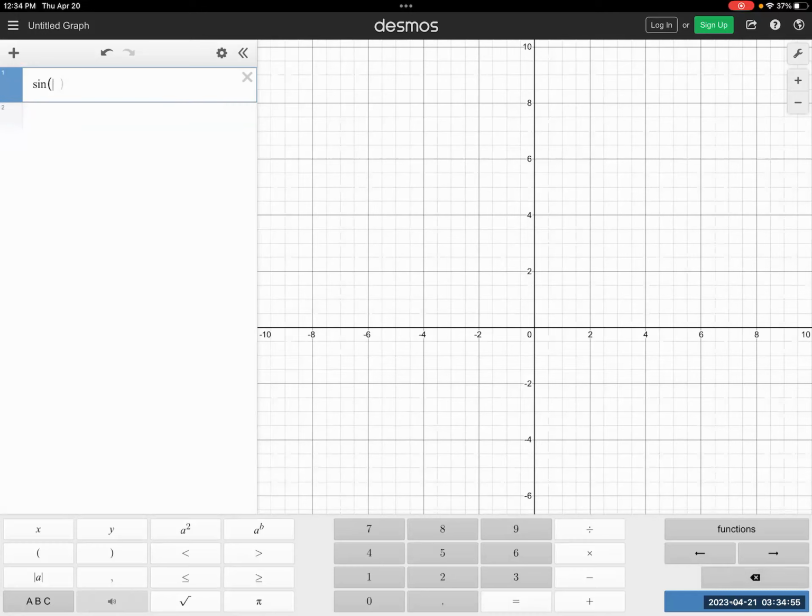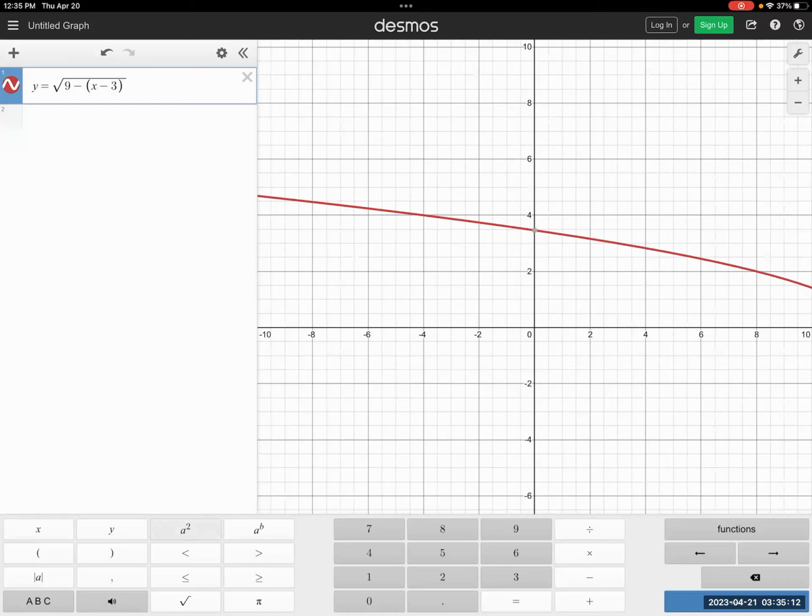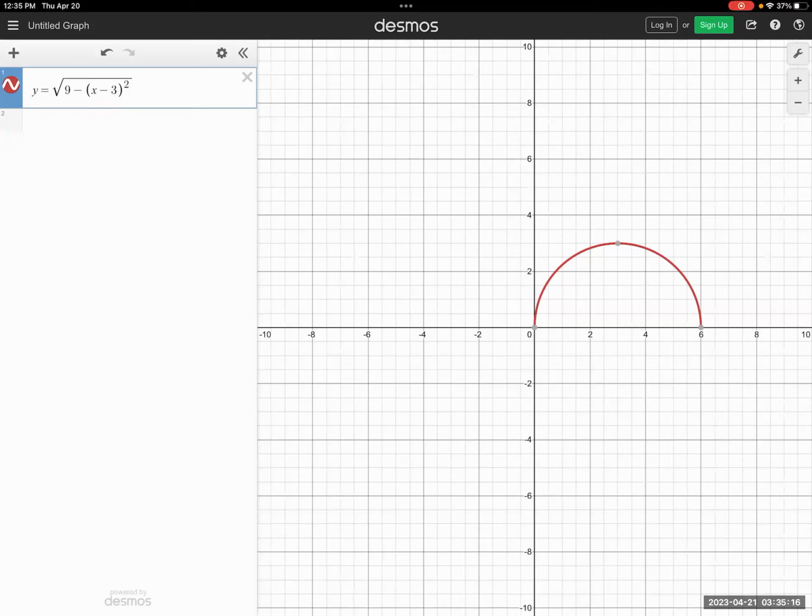Let me clear. We have y equals radical 9 minus, let me go back to that equation, (x minus 3), close parenthesis, second power. And this is the function.